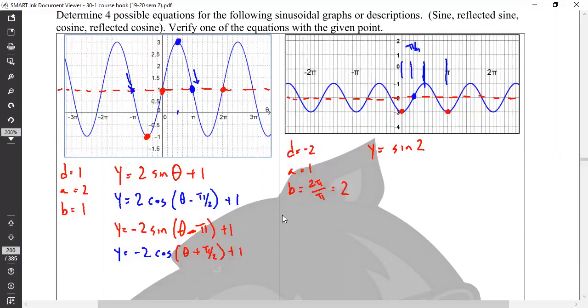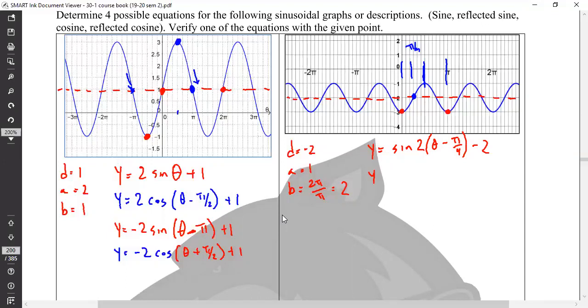Your maximum will be halfway in between two minimums. Your median will be halfway in between a max and a minimum. And so this ends up being sine of 2 theta minus pi halves. Sorry, pi quarters. Pi quarters. And then minus 2.